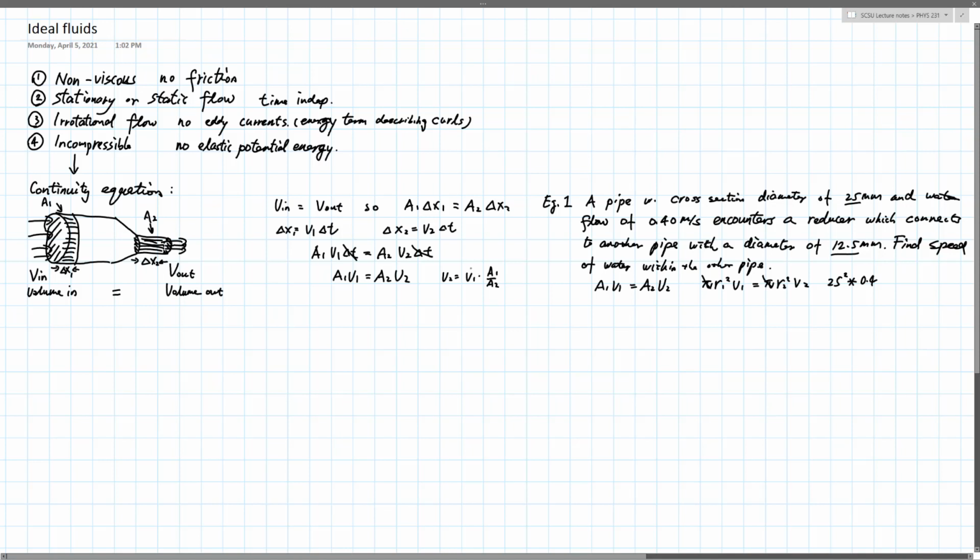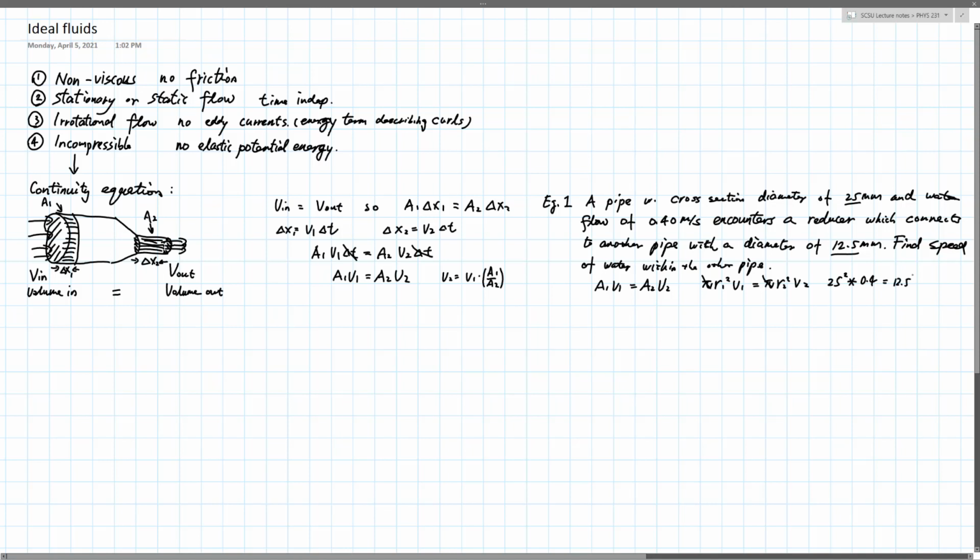So whichever velocity unit you're using for V1 will be the same unit for V2. As long as A1 and A2 have the same units, they don't have to share the same units as the V's, right? So they just divide out, just like that. So 25 is in millimeters, and the 0.4 is in meters per second. So that does not really concern us.